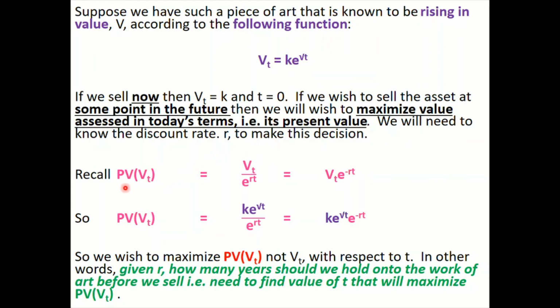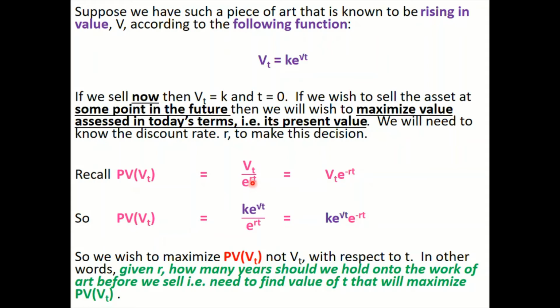And recall that the present value, if we calculate the present value where we have a process of continuous compounding, can be calculated using this formula here, just set out slightly differently.